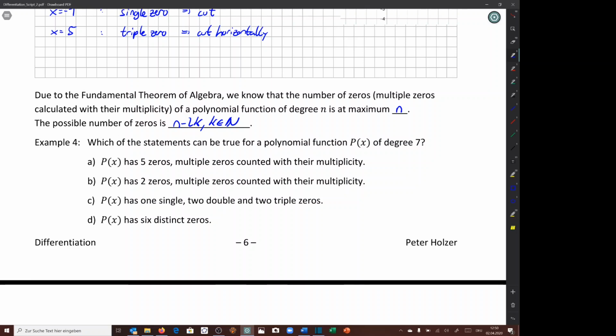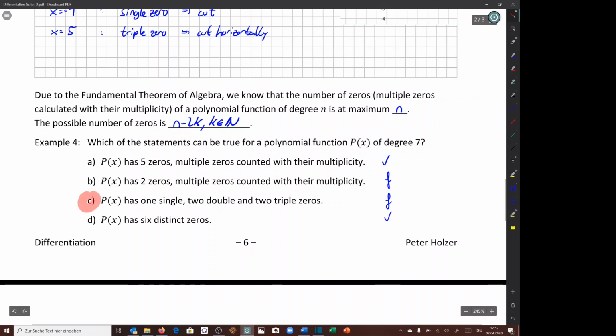So study example 4, decide on your own which of the statements can be true, which not. Stop the film, and here comes the result. A is true because the difference between 5 and 7 is 2, a multiple of 2. B is wrong because the difference between 2 and 7 is 5, which is not a multiple of 2.